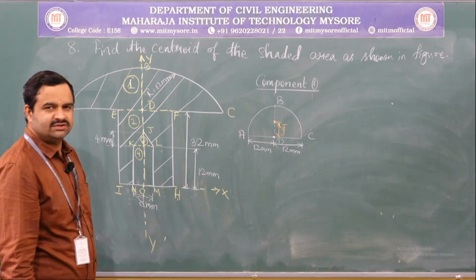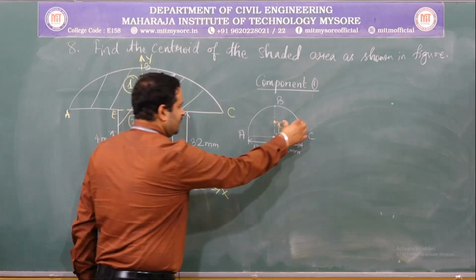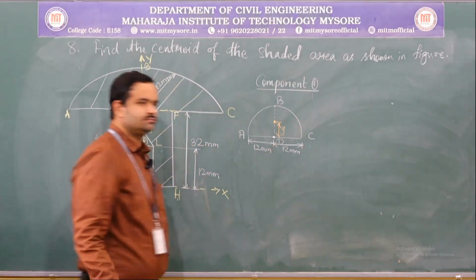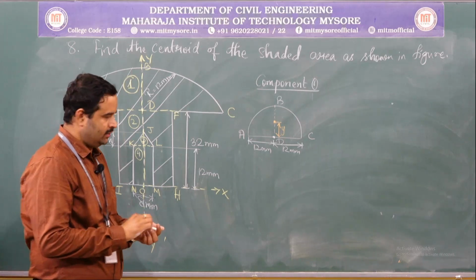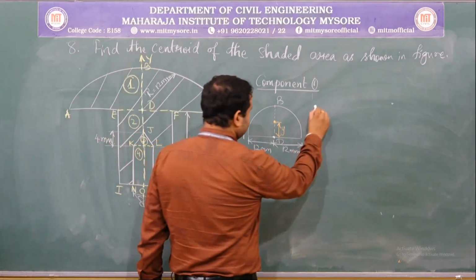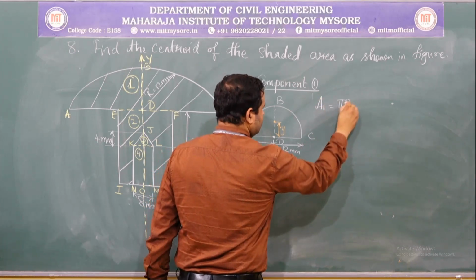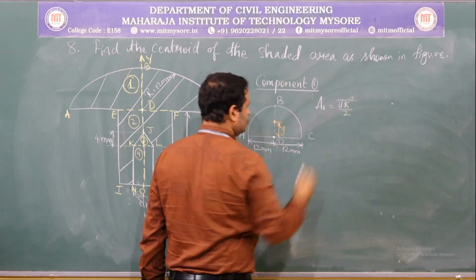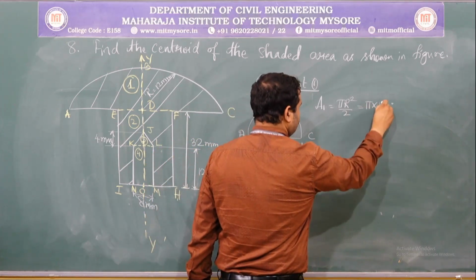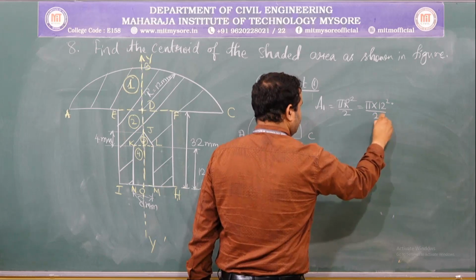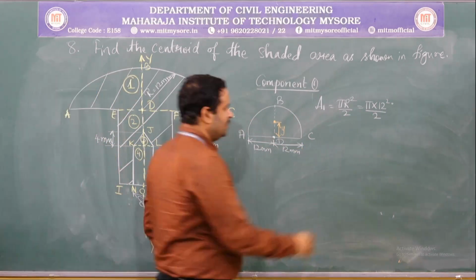Now, this y bar is nothing but 4r by 3 pi. Let me write only the y component of this: it is 4r by 3 pi. What about the area? Pi r square by 2 for a semicircle, that is equal to pi into 12 square by 2. Let it be as it is, we shall substitute it later.